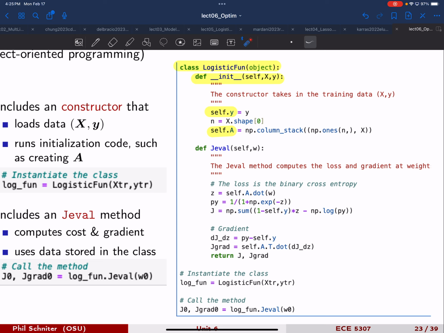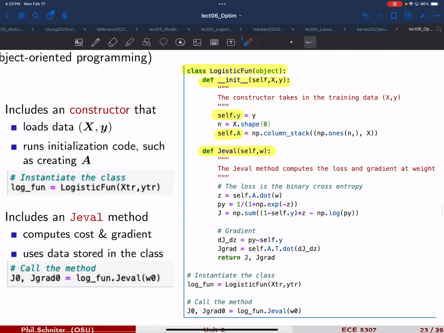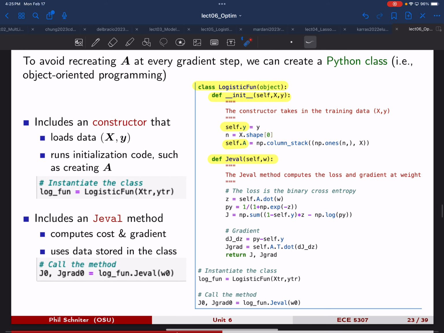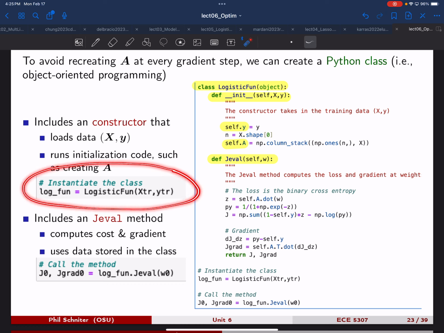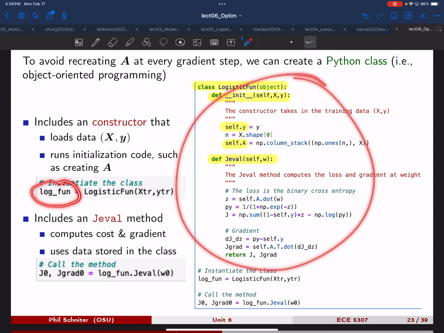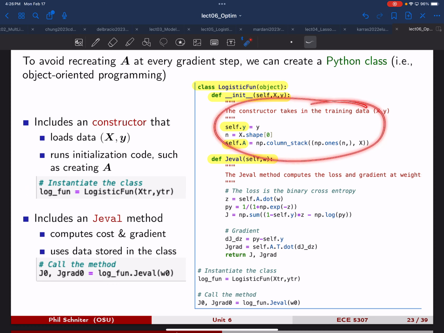And then the other thing it has is a function that we can call later after initialization that contains the rest of the code from the previous page. Here's how we would do it. When you instantiate the class, this is when you would first run it: you do logistic fun, and then you give it the data, and now it has a copy of this where it has run this initialization code.